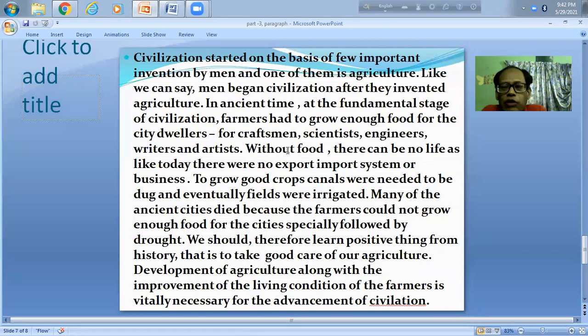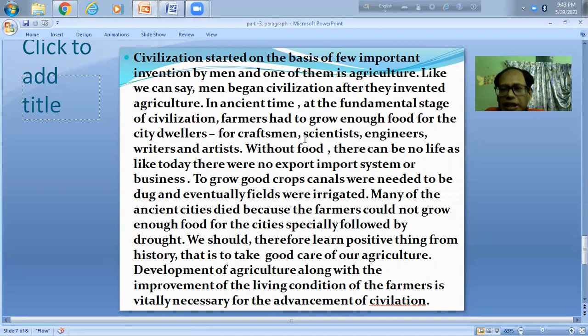Now, if we explain or analyze it or narrate it at the same time, agriculture and civilization, we can say civilization started on the basis of a few important inventions by man, and one of them is agriculture. Like we say that man began civilization after they invented agriculture.